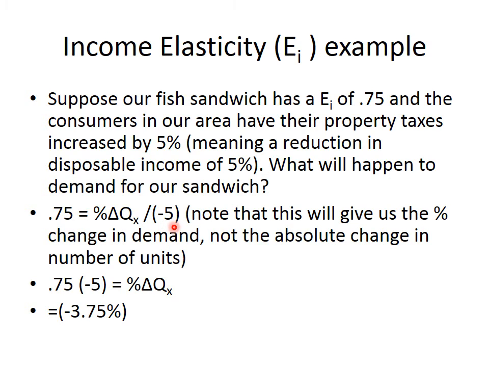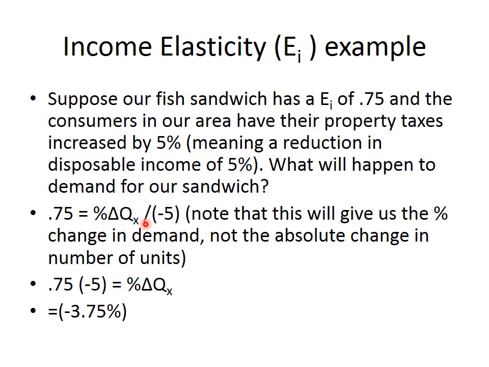With cross elasticity, the coefficient was the percentage change in quantity demanded of one product by a percentage change in price of another product. Okay, well here, independent variable, dependent variable, if you want to think of it that way, 0.75 is the percentage change in the demand based on a percentage change in income. Here we're given that it's a -5% change in income.